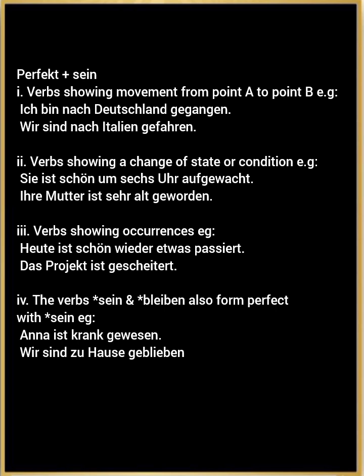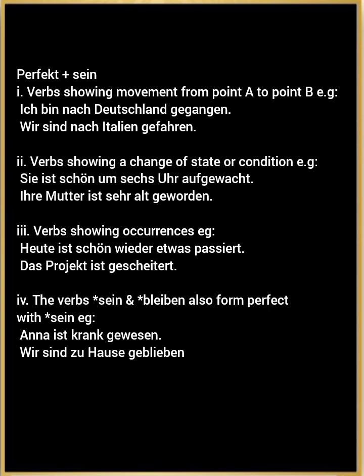Number two, verbs showing a change of state or condition also form their perfect with sein. Example, sie ist schon um 6 Uhr aufgewacht. She woke up at 6 o'clock. Ihre Mutter ist sehr alt geworden.